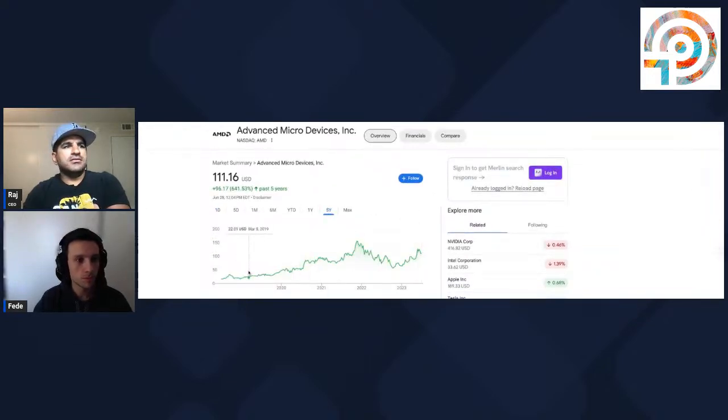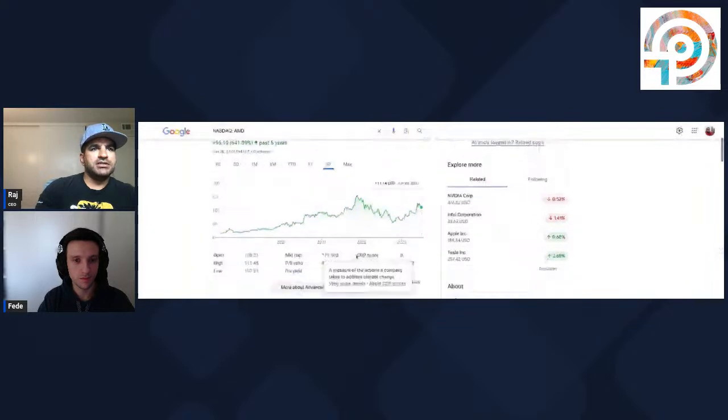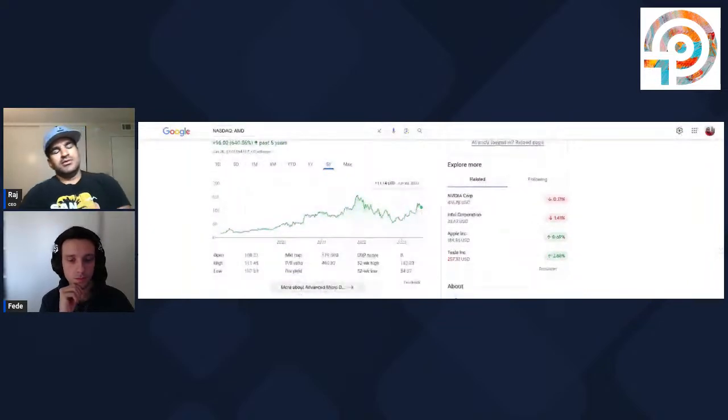If you bought in at $15 or so back in 2018, you would have still had a really good return. Even more if you bought 5 years ago, 6 and almost a half x your money. More if you sold at the peak in November 19th, 2021.